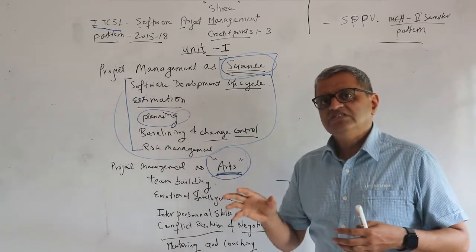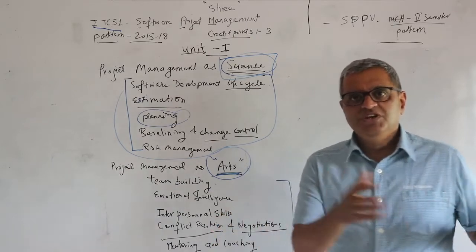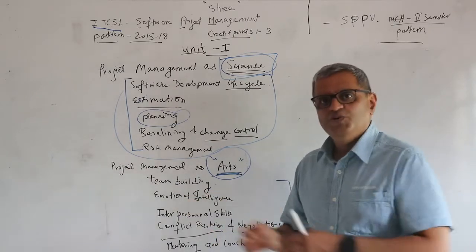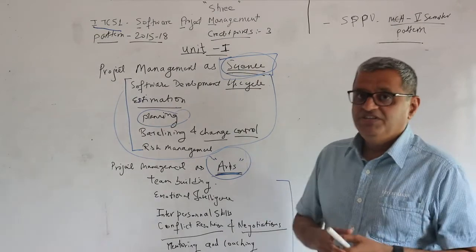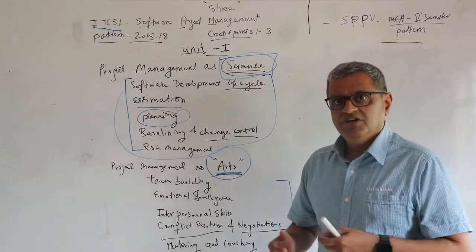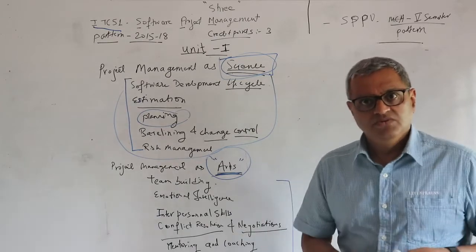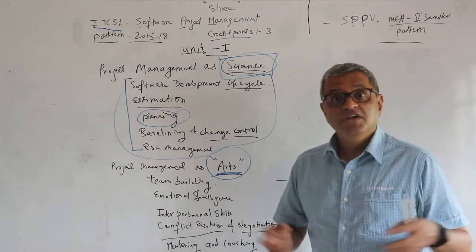Dealing with people is a soft activity. There is a difference between how you deal with technology and how you deal with people. And we have already seen that software is nothing but a brain product, and when many brains work together to deliver a software product, it becomes all the more chaotic.